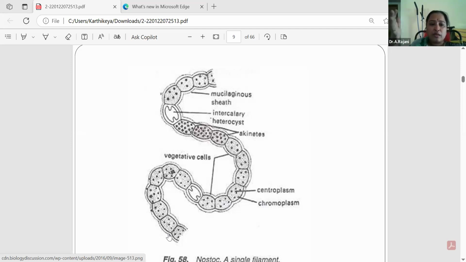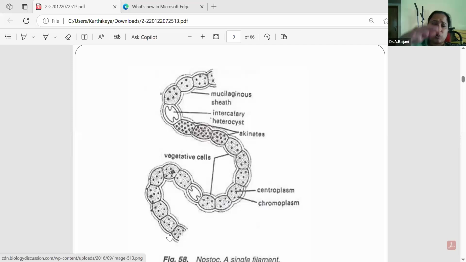Each and every cell is made up of a cellulose cell wall, and inside the cell the protoplast is present. This is the typical MYXOPHYCEAN structure. What is the meaning of MYXOPHYCEAN structure? The inner colorless centroplasm is present, and the outer side has pigmented chromoplasm. This is called the MYXOPHYCEAN structure of the cell.